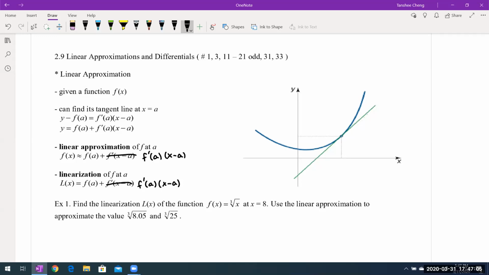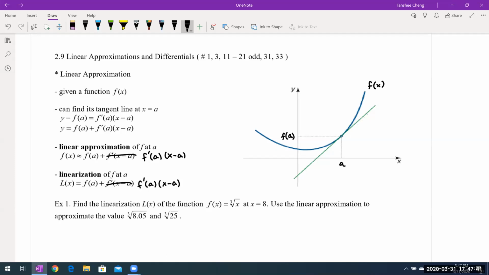To start off, this is what we already know. Let's say I have a function f of x, and we want to find the tangent line at a point a on the function. When x is equal to a right here, my function value will be f of a at this point. We know that the derivative of the function evaluated at that point gives me the slope of the tangent line.